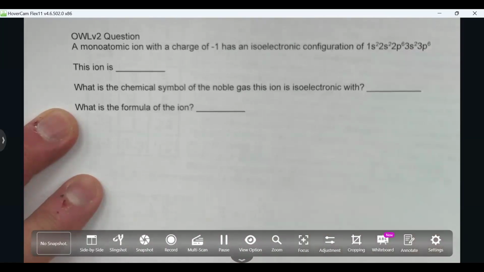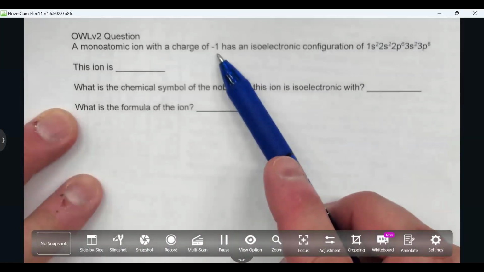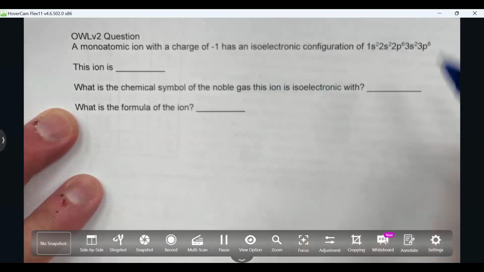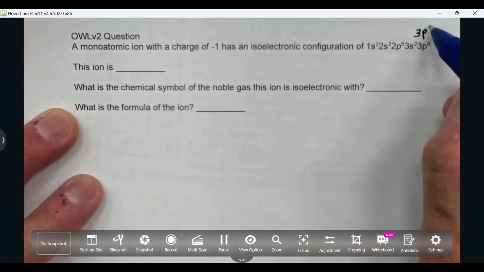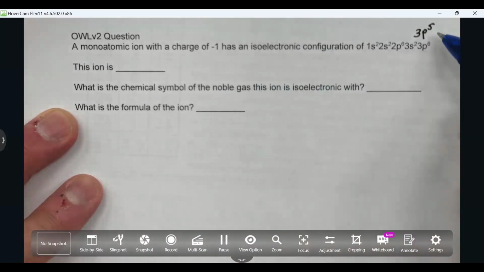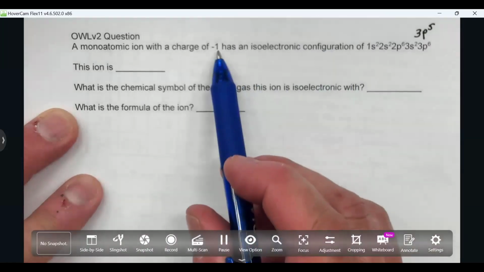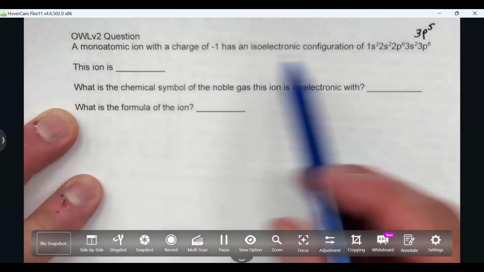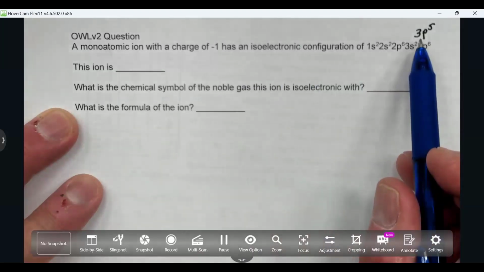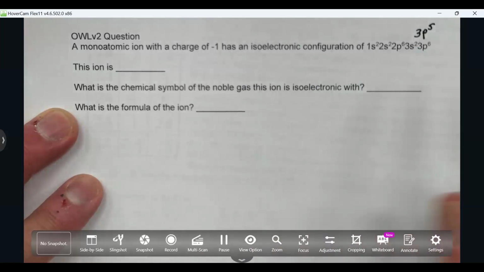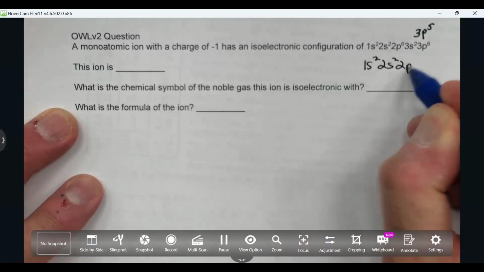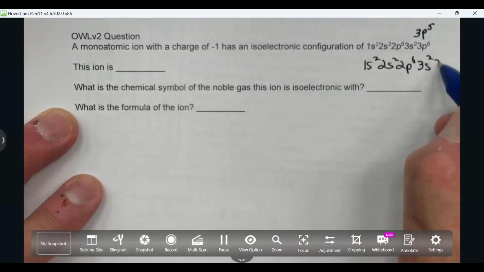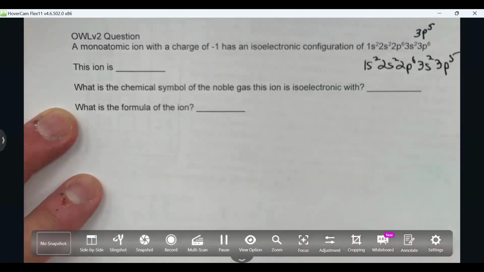What's the neutral atom going to end in? 3p5 for the neutral atom, correct? This is the ion. What ends in 3p5? The neutral atom is 1s2, 2s2, 2p6, 3s2, 3p5.